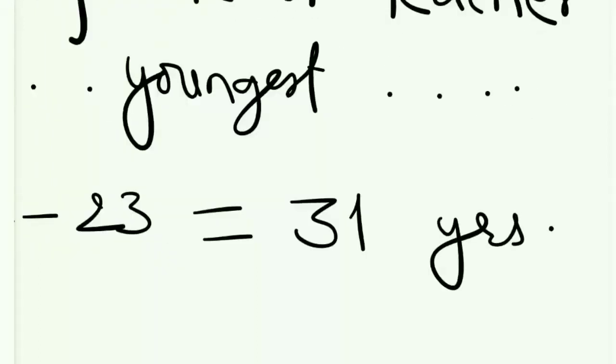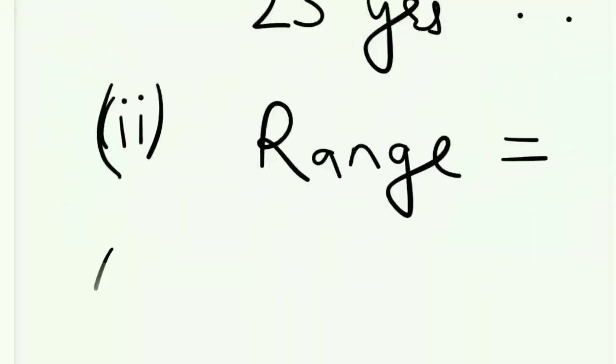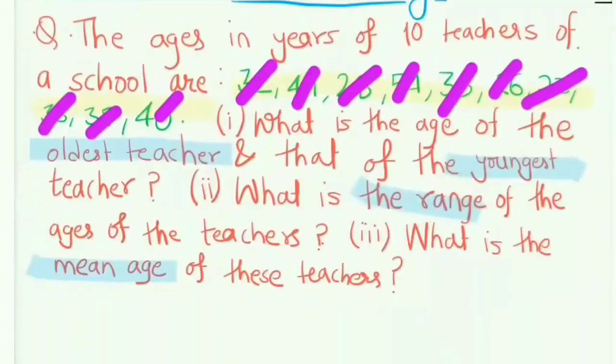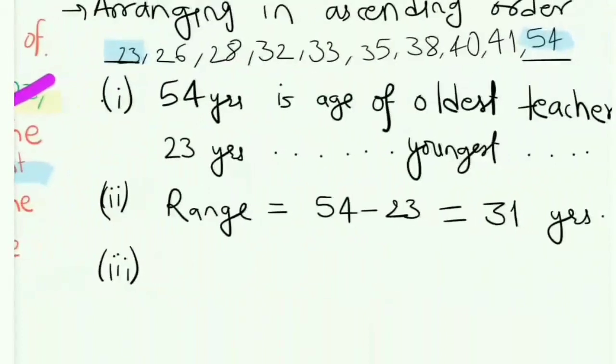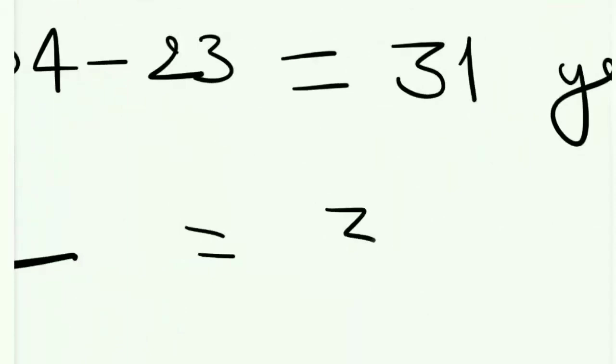This is the range of the given values of ages of teachers. Okay. What is the next question? Next is, what is the mean age of these teachers? Very simple. You add all of these and divide it by 10. You can do it. The answer should be 35 years.